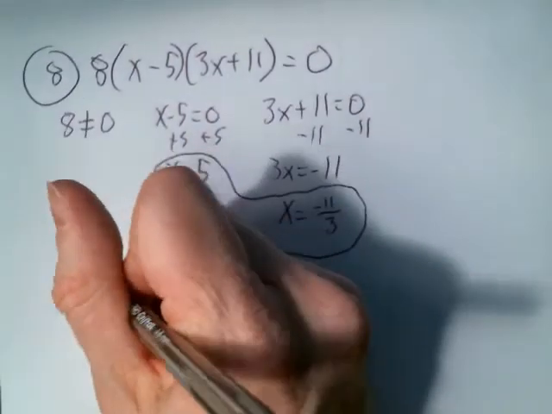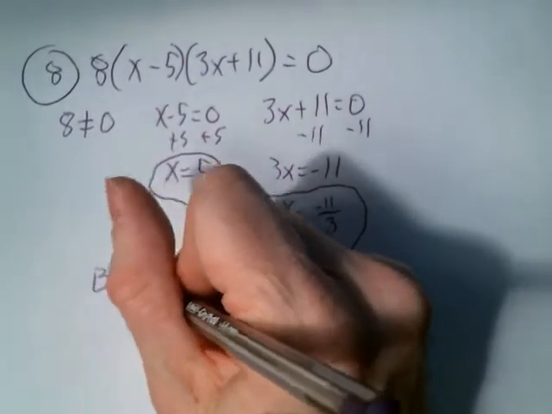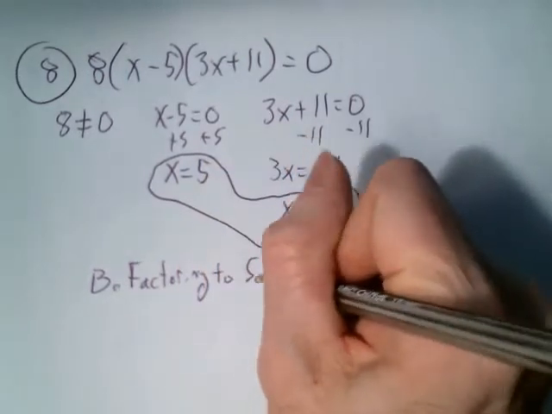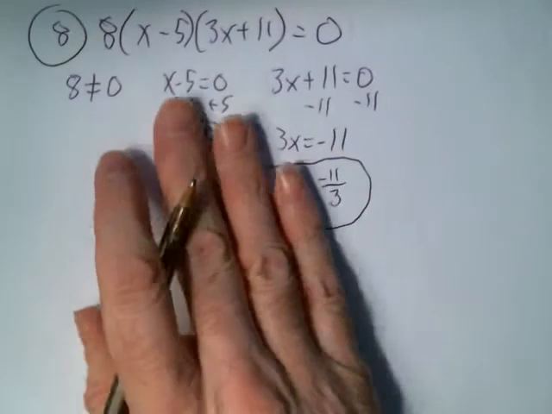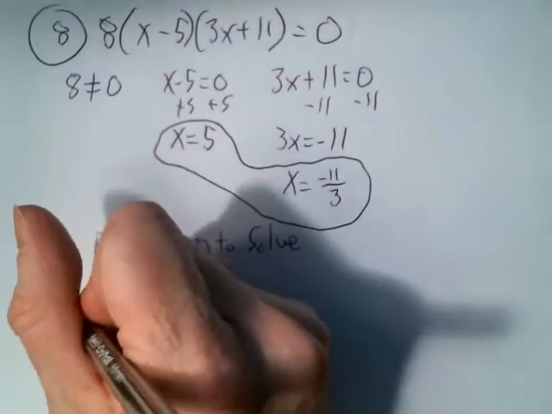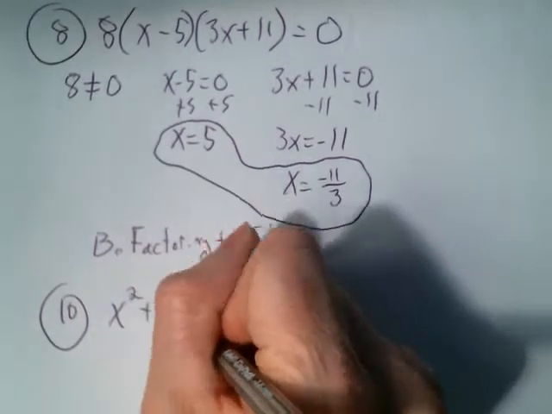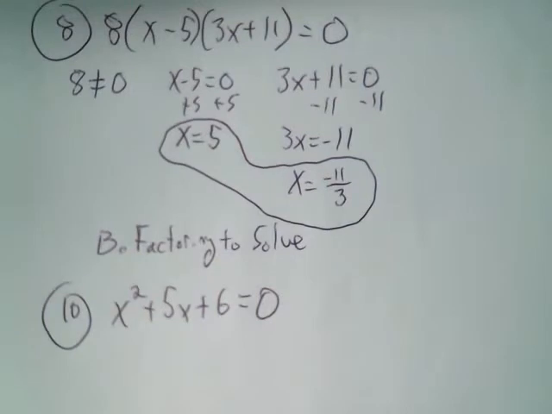Okay, so those problems are pretty easy because they were already set up for you, but in general, you're going to have to do the factoring yourself. In the real world, they probably won't be so nice. Let's look at number 10. We have x squared plus 5x plus 6 equals 0. So your first step is to factor it.